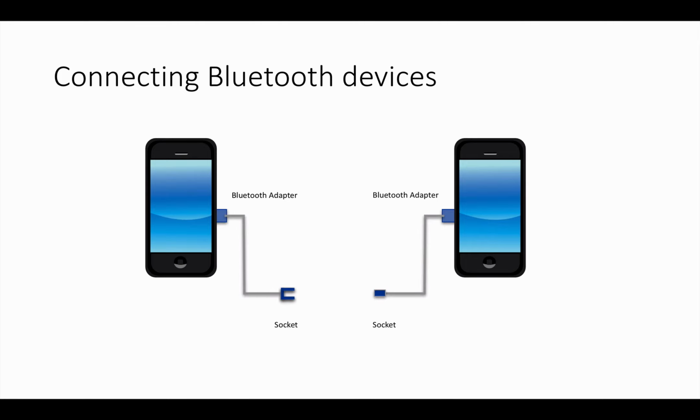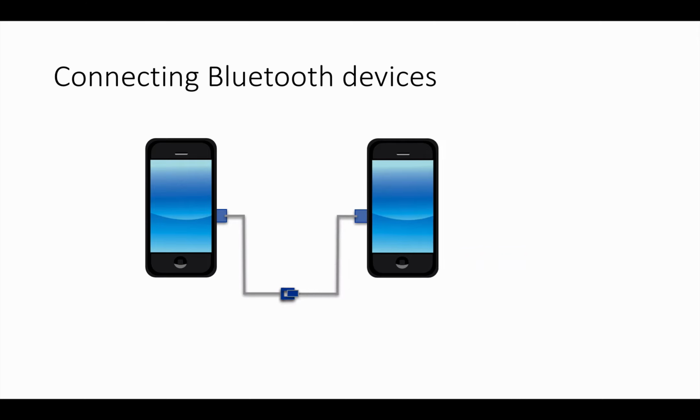And if you're familiar with client server connections, this will sound very, very familiar. So we have one socket, the one on the left here in this case, that is the receiving end, and one that initiates the connection, and that's the one on the right. So once we create these sockets in Bluetooth in our code, then we're able to connect the two.